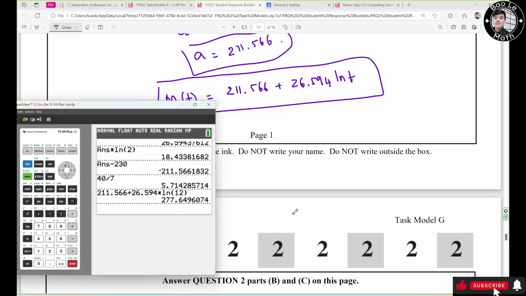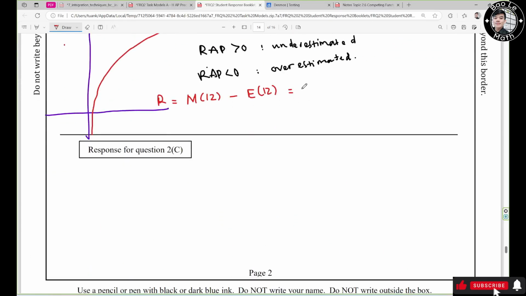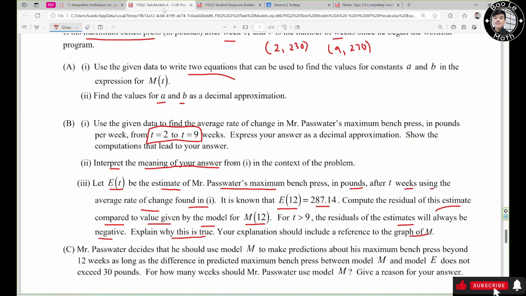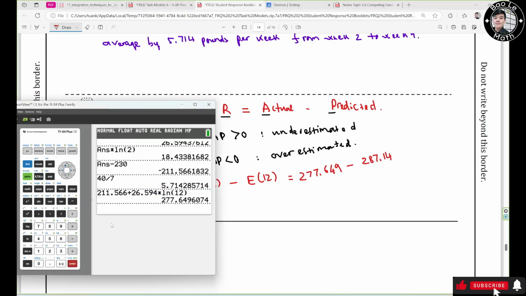It's going to be 277.649, right? Subtract E12, which is given right here, 287.14. Right? Now, you need to subtract this one by 287.14. It's going to be negative 9.49, right?